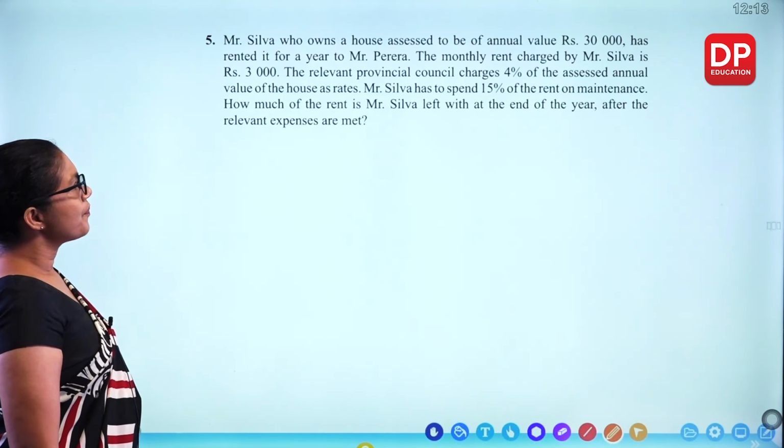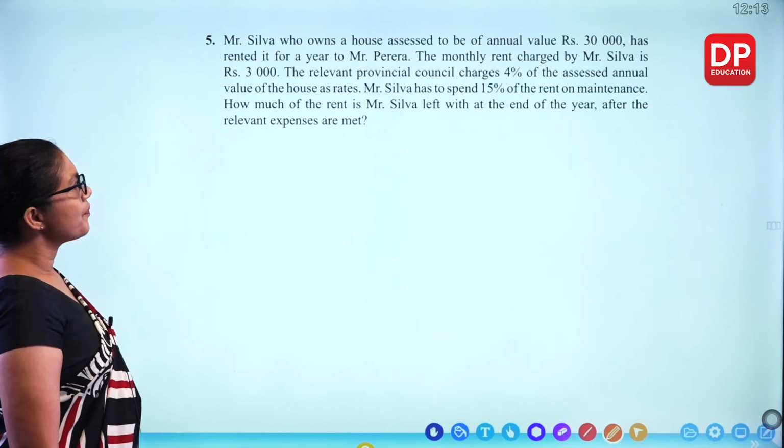The monthly rent charged by Mr. Silva is 3,000. So Mr. Perera is paying 3,000 for a month. The relevant provincial council charges 4% of the assessed annual value of the house as rates.